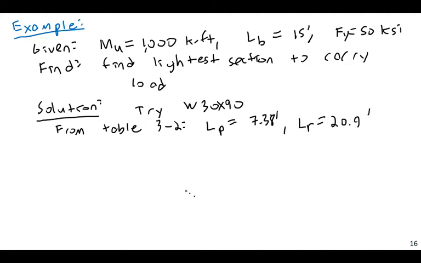And then I also know that phi MP is equal to 1,066 kip feet, and phi MR is equal to 643 kip feet.